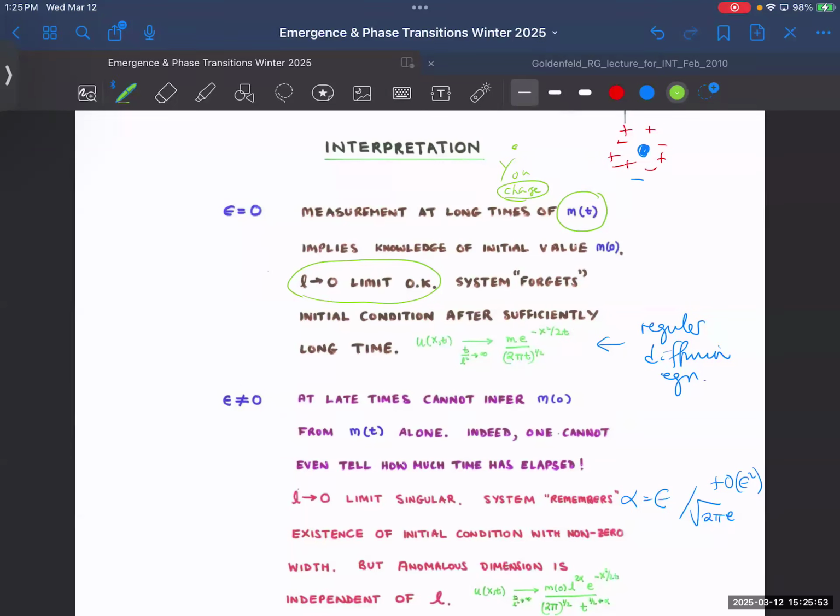But if I go closer in to the electron and sit very close to it, I will see a different charge, because these vacuum particle-antiparticle pairs screen the charge on the electron.